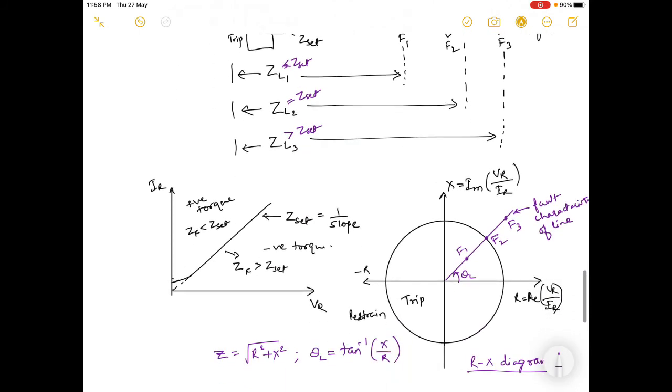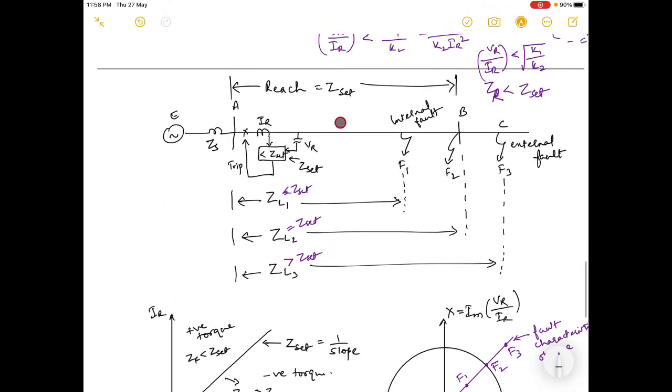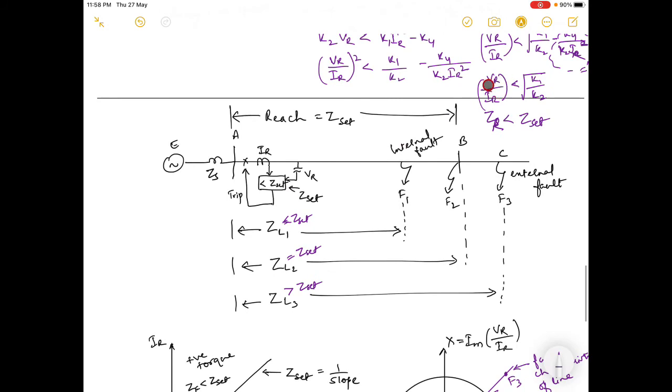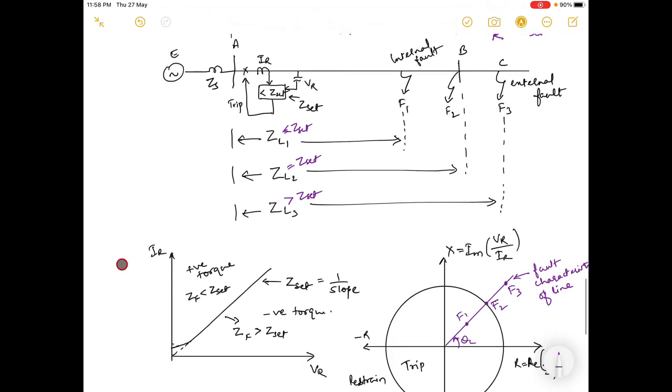So this is more clearly understood by the I versus V characteristics. See here, it is V by IR. So these are the two quantities which decide the operation. What is Z actually? Z is V by I, correct? VR by IR.